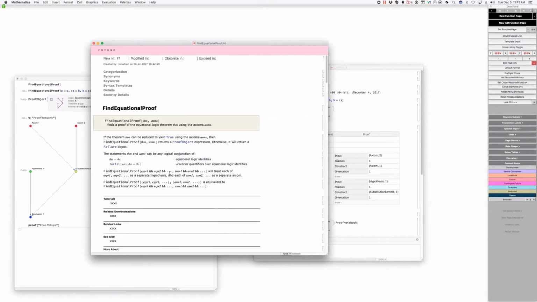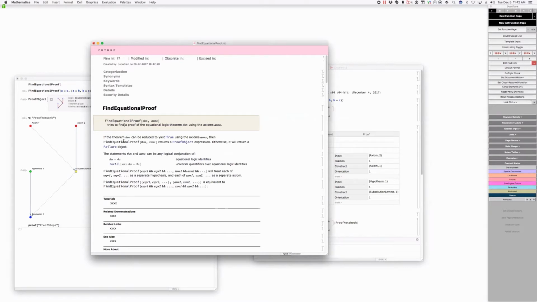Okay, so then if it can be reduced to yield false, it will return a failure. Find a proof of the equational logic theorem THM using the axioms.